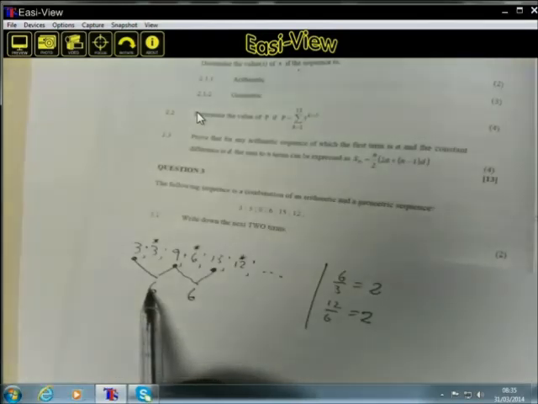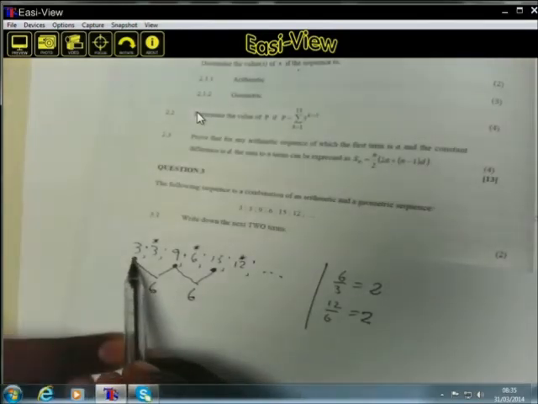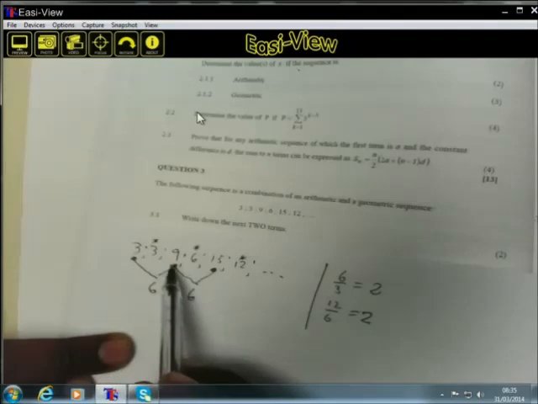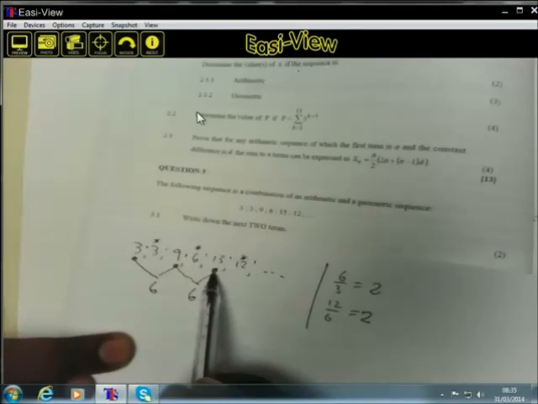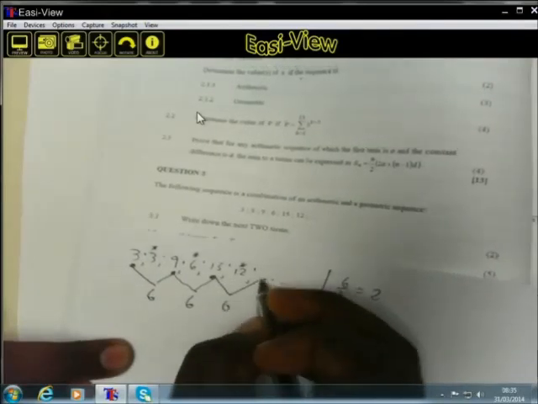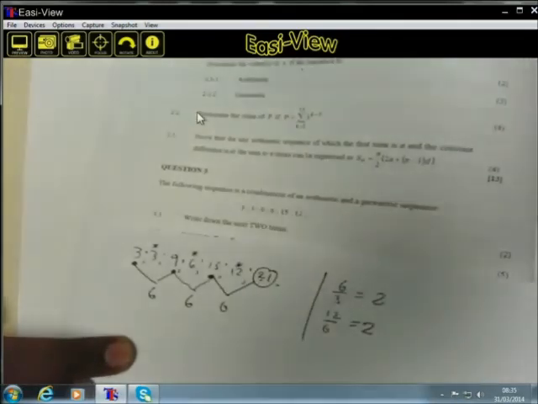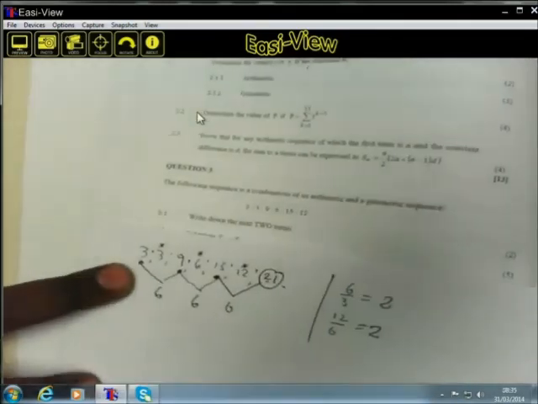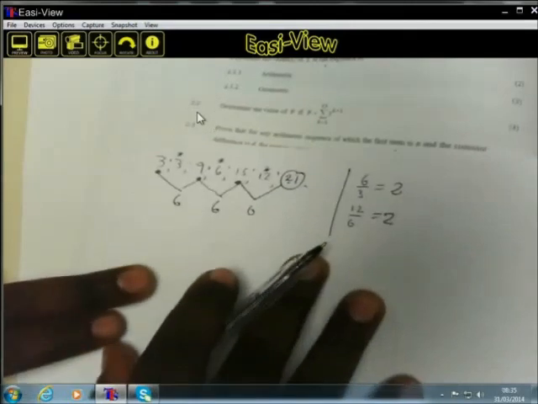So 3 plus 6 gives us 9, and 9 plus 6 gives us 15. And 15 plus 6 gives us 21, which means the next first term is going to be 21.